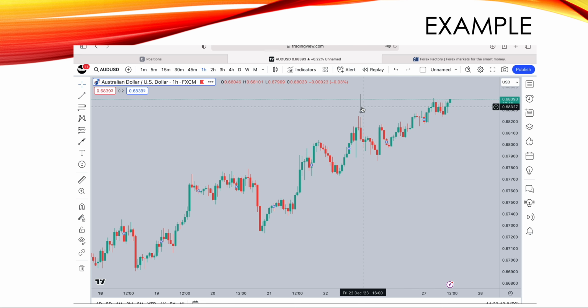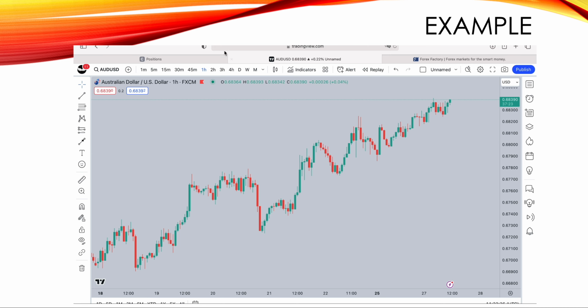Let's just take this off. I'll just show you randomly now. Looking at this candle, we got the open and the close. Why? Because price rose. It's a green candle. Okay, we got the open, we've got the close. We've got the open, we've got the close, we've got the open, and we've got the close.